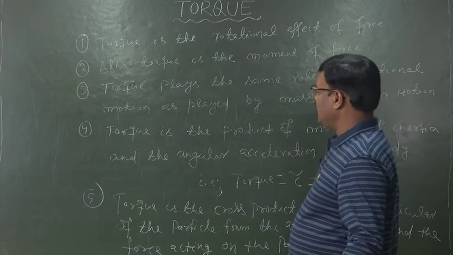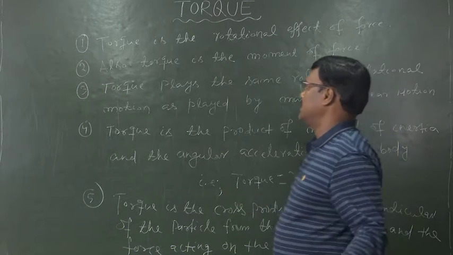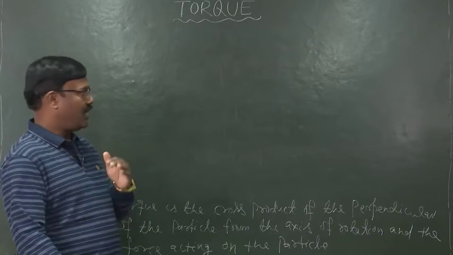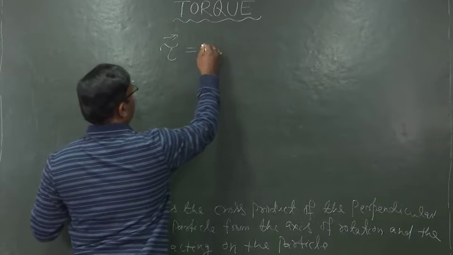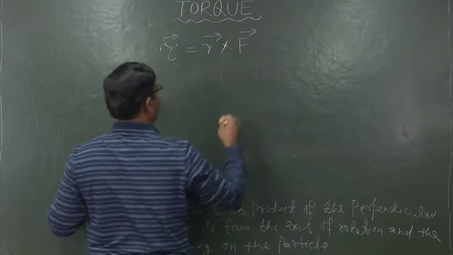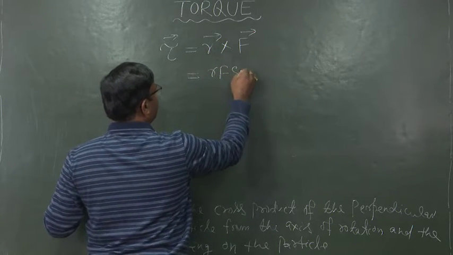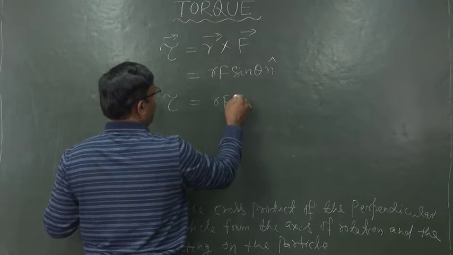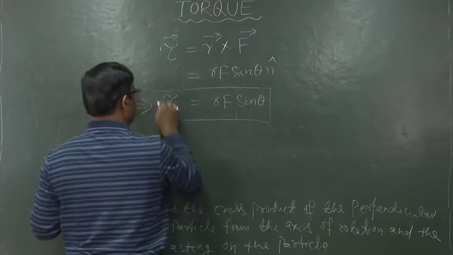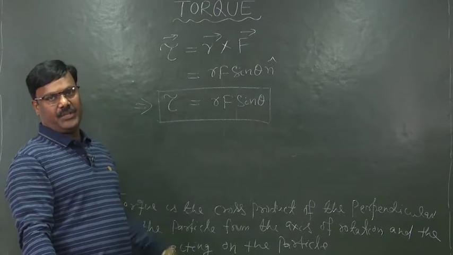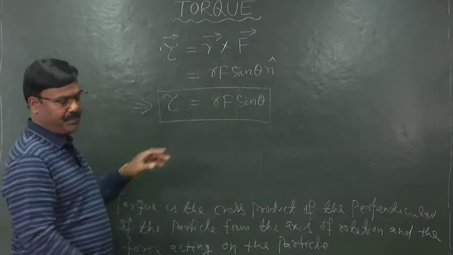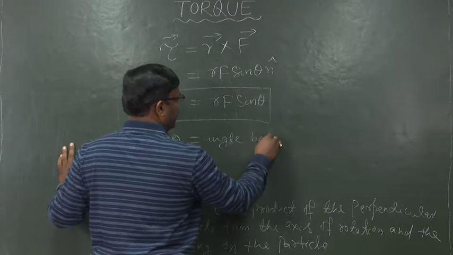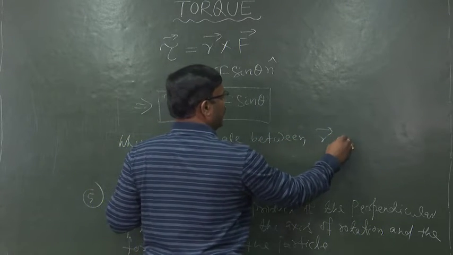Now, mathematically we can express torque in terms of force as tau vector is equal to r vector cross F vector, which is equal to r F sin theta n cap, implying tau is equal to r F sin theta, where theta is the angle between r vector and F vector.